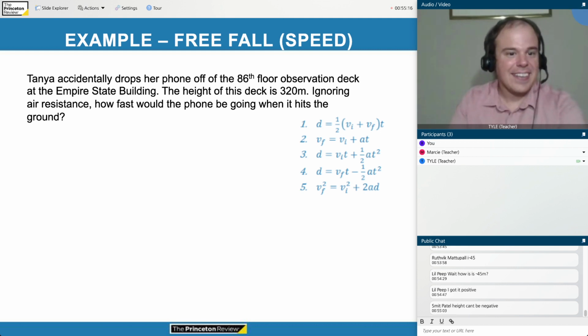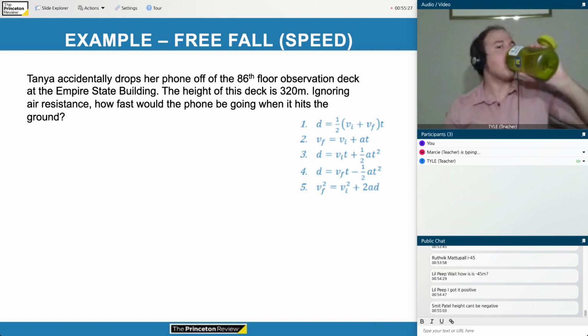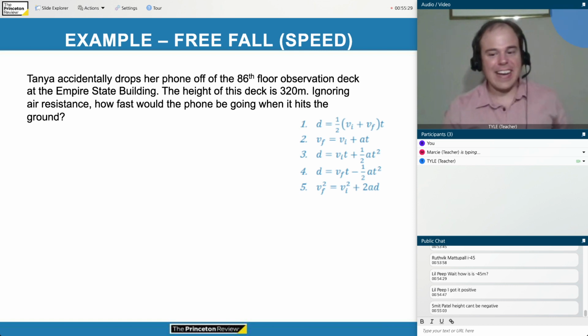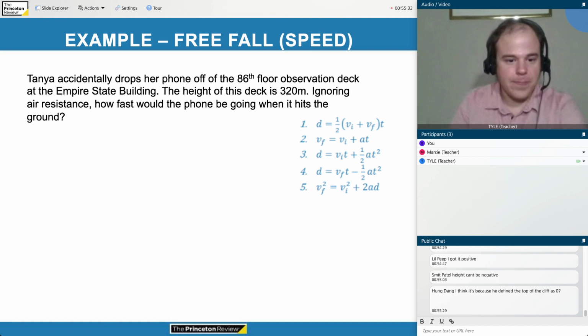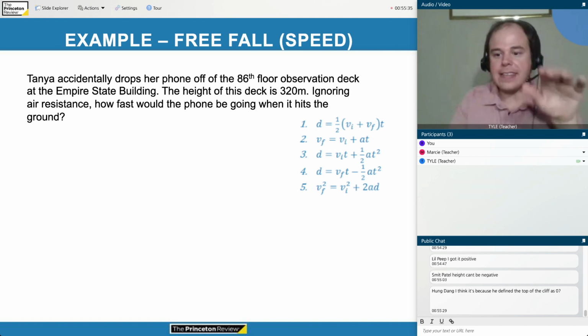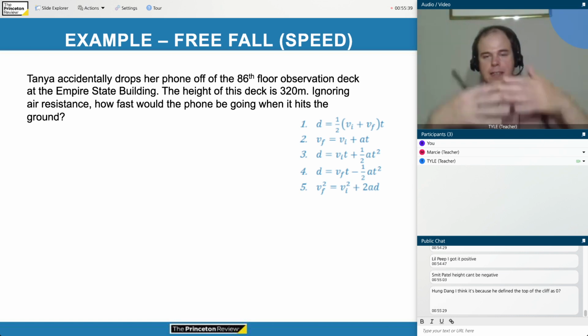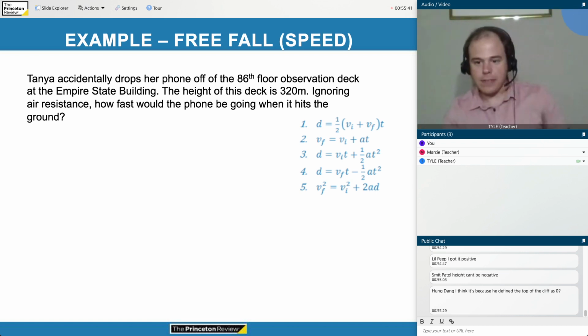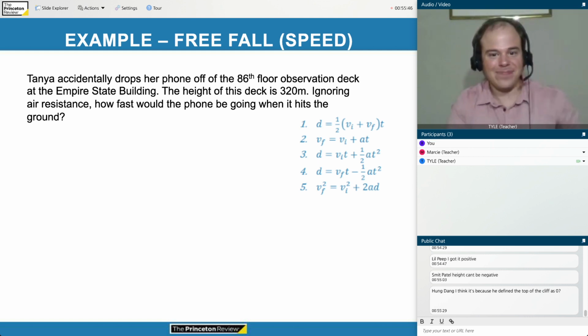That's based on which direction you choose to call positive in the problem. It's about how you define your coordinate axis. So if we define the top of the cliff as 0, and if we define downwards as being negative, then we say that the displacement is negative 45 at the end. So Hung is absolutely right.